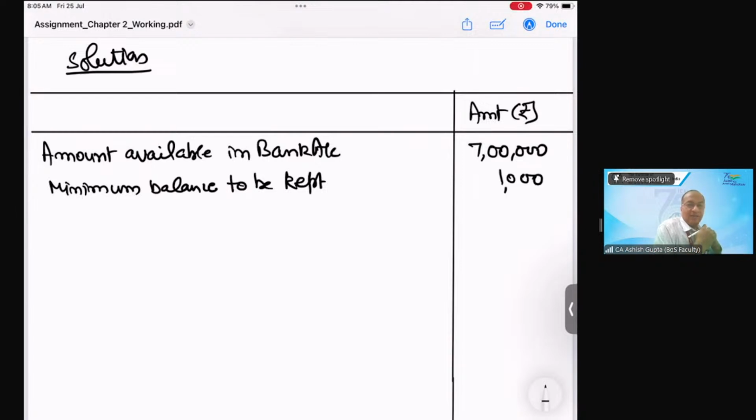So this was my available amount in my bank account, and this is the minimum amount available.